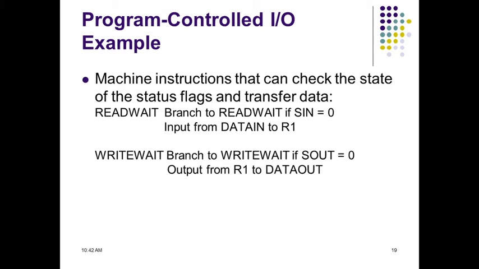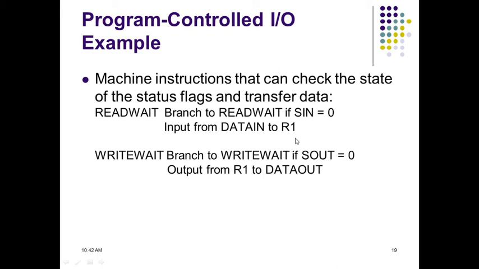For example, the processor can monitor the keyboard status flag SIN and transfer a character from data in to the register R1 by the following sequence of operations: read wait, branch to read wait if SIN equal to 0, then input from data in to R1.